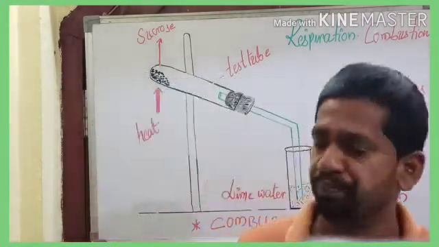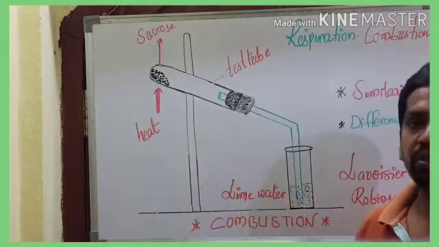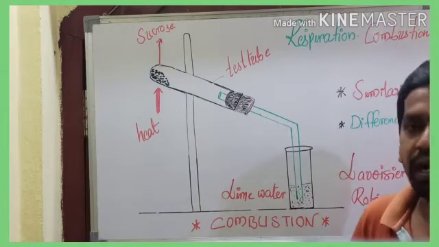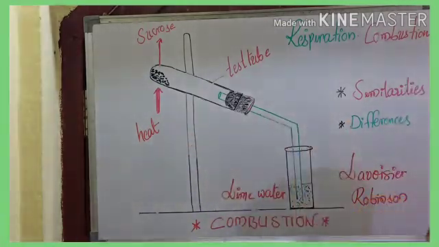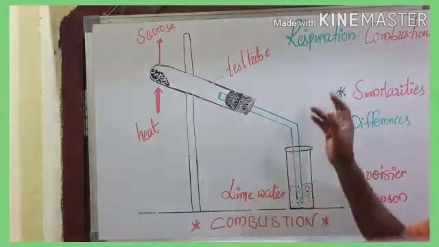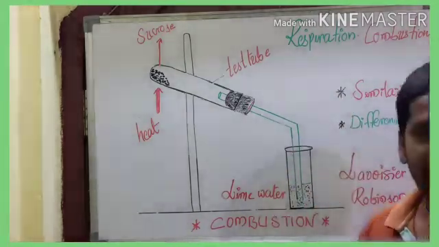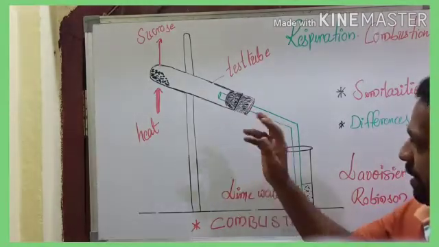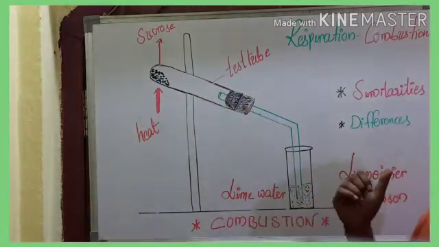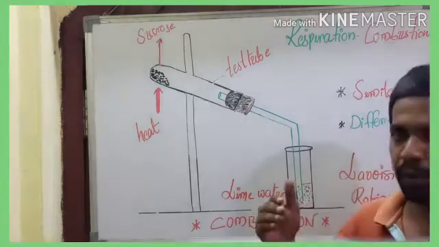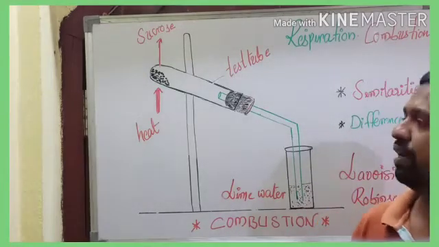What are they? In combustion, we add heat from outside. In respiration, we don't give any heat to the organisms from outside. In combustion, sugar turns blackish in color. In respiration, sugar does not turn blackish.